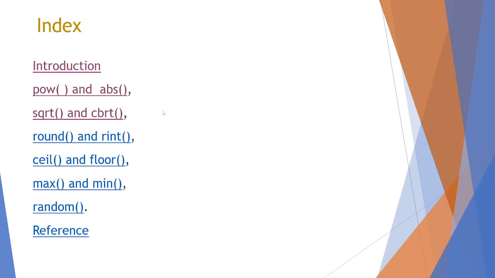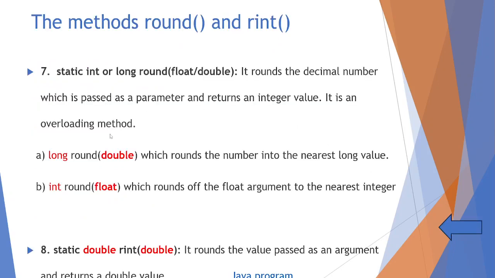Then comes round and rint. So static int or long round, float or double. This is an overloaded method again. If you pass a double value to the round method, it rounds off to the nearest long number.